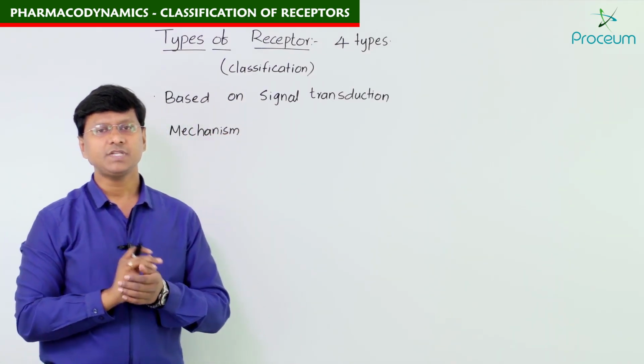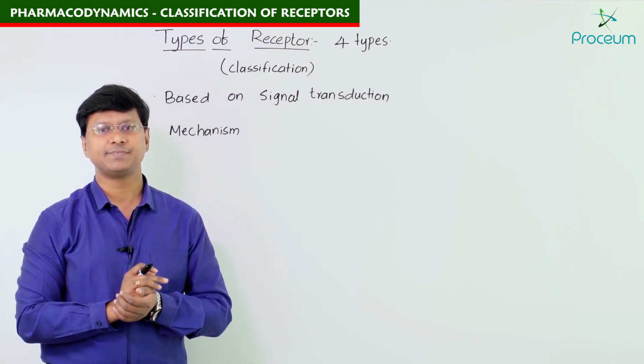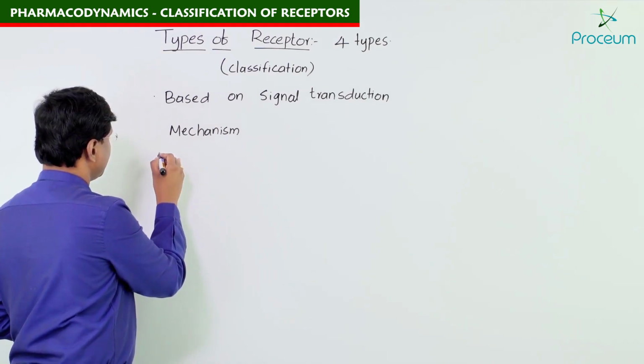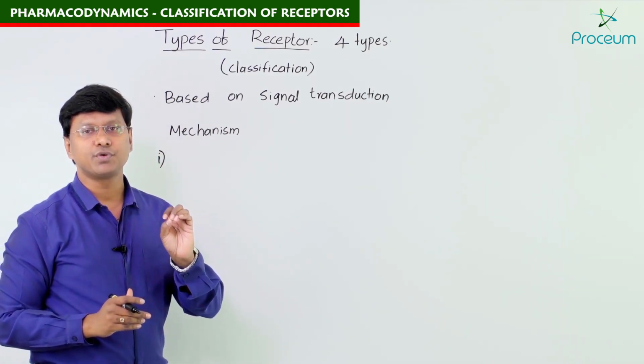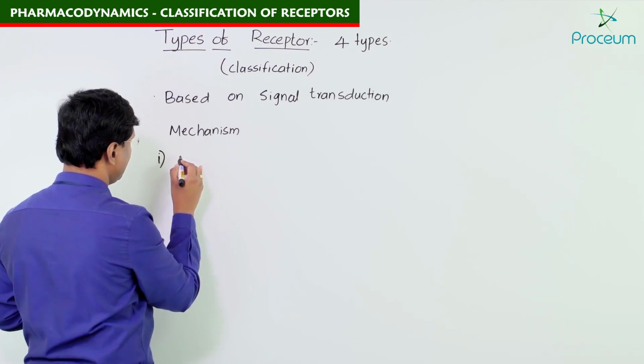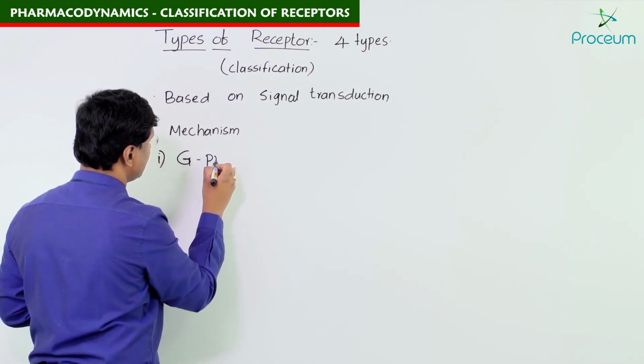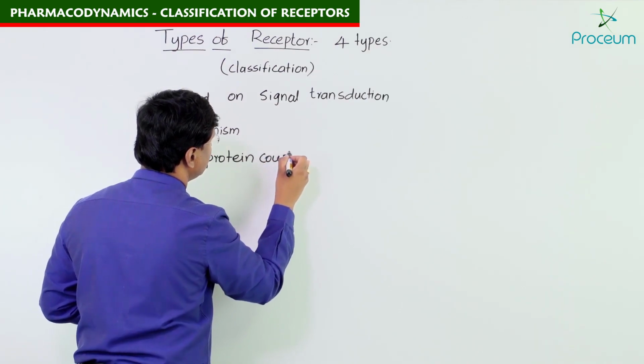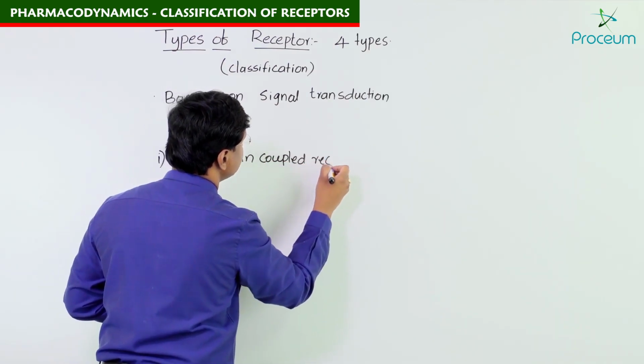Now what are those 4 types? Let me discuss this. One, they are called G protein coupled receptors, right? First one, it is called G protein coupled receptors.